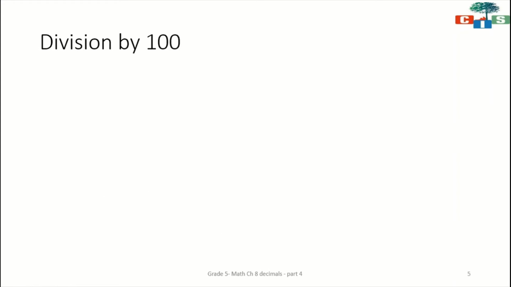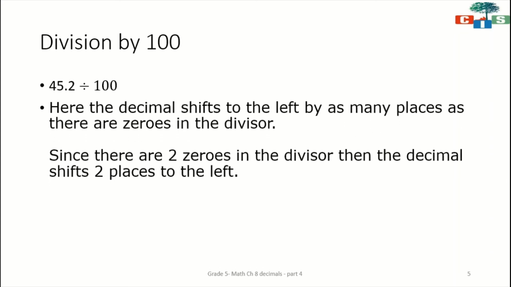So we have example from our exercise, that is 45.2 divided by 100. So our first task is that we have to count the number of the zeros in the divisor and then we have to shift the decimal point according to it. Now we have divisor as 100. So how many zeros do we have in 100?